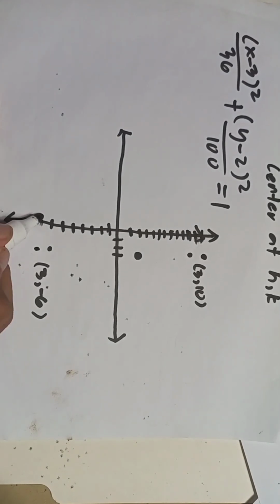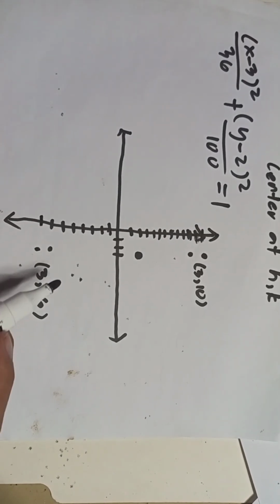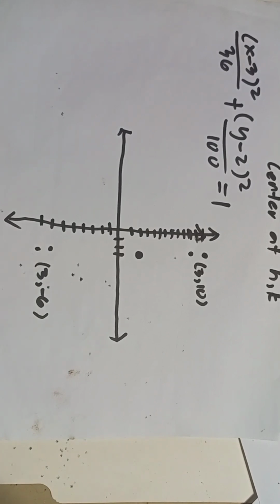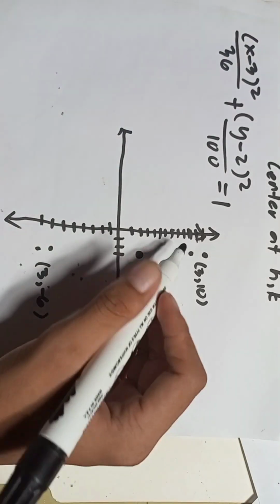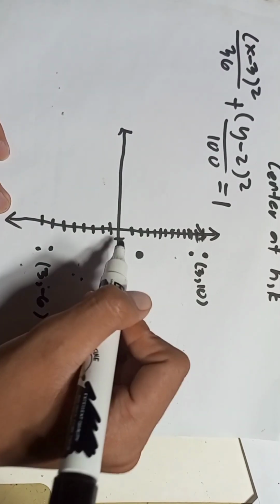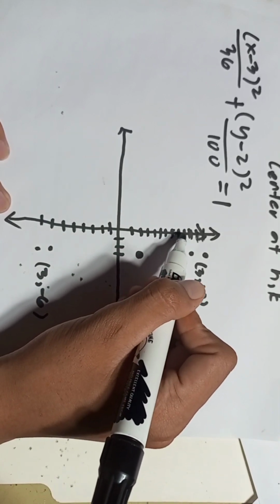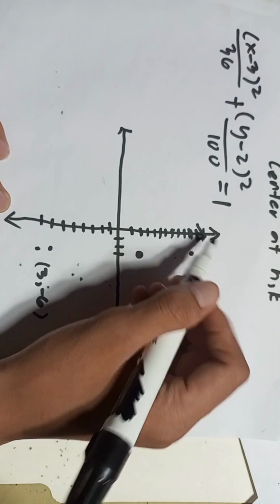So adjust our graph; this is our vertices. Counting 1, 2, 3, 4, 5, 6, 7, 8, 9, 10, here is the second vertex. So our V sub 1 is 3 and 12: 1, 2, 3, 4, 5, 6, 7, 8, 9, 10, 11, 12.